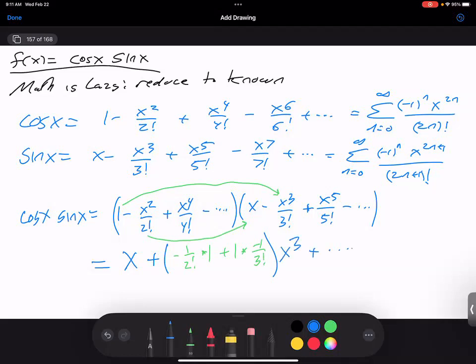And then you just keep going like that. So I have negative 1/2 minus 1/6. That should be minus 4/6, or minus 2/3.